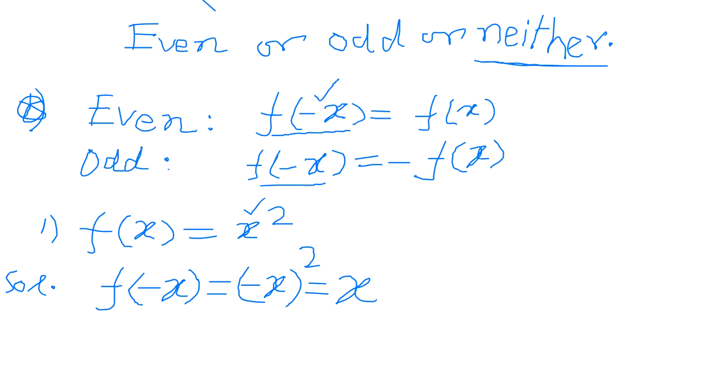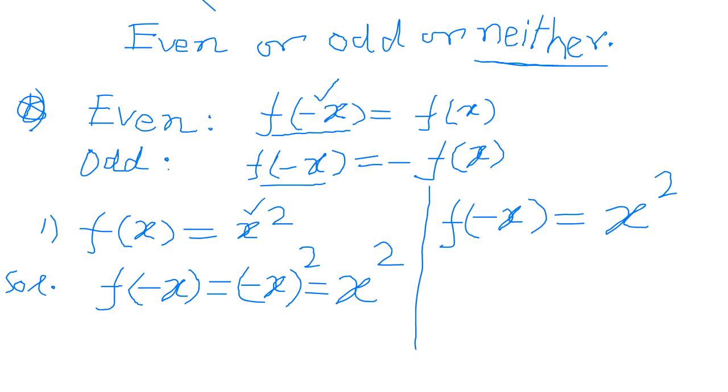So now which condition is this? The first condition. So f of minus x equals x squared. And what is x squared? x squared means this function f of x.